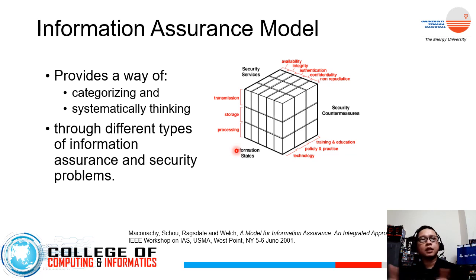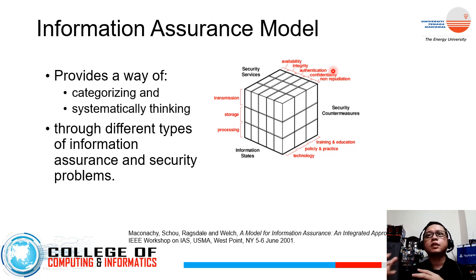Is it processed data, for example? And how does the data travel? So how do you store, process, and transmit? And also the services, what do you do with the information that you have? All right, so this is through the CIA, the confidentiality, integrity, availability, and all that.